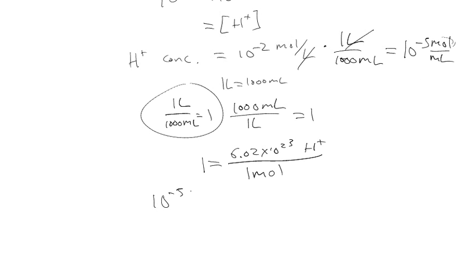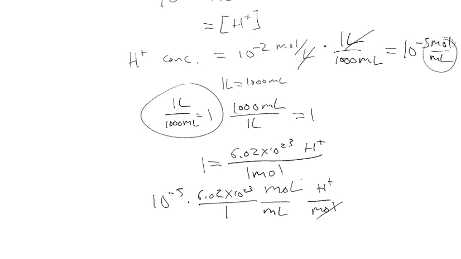10 to the minus 5 times 6.02 times 10 to the 23rd over, let's see, just over 1. And so what I did is I just took all the numbers, multiplied this over 1 by this up here, and then all the units we have are, up here we have moles per milliliter, and then here we have H pluses per mole.